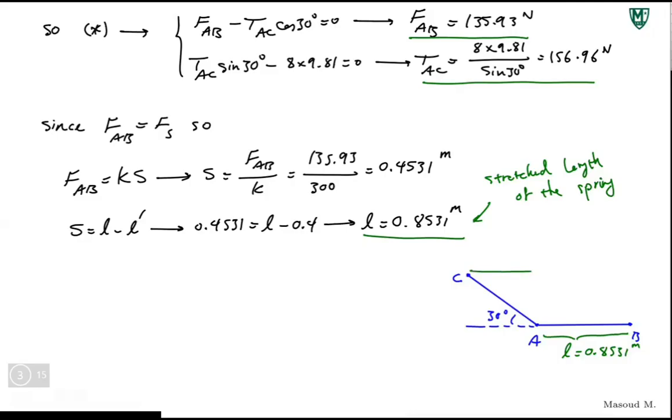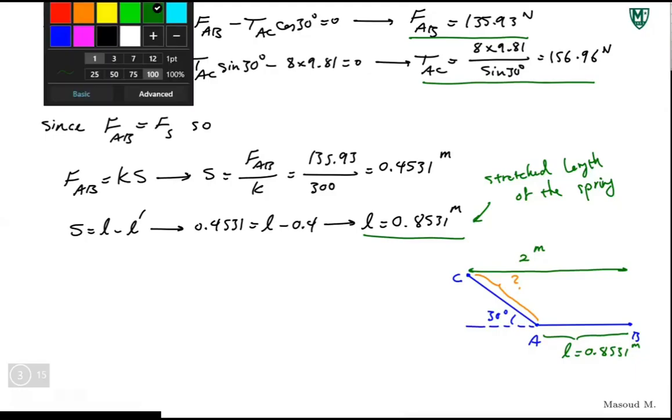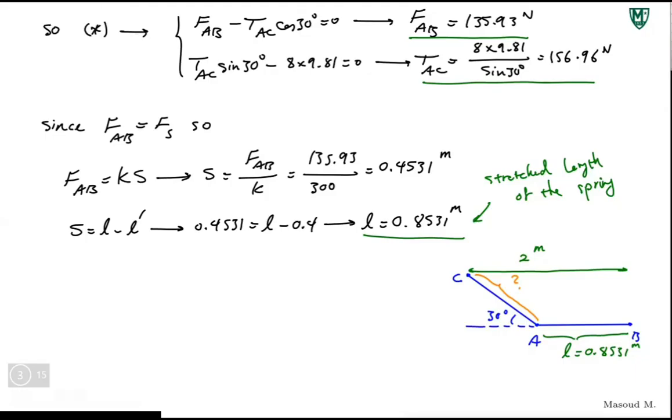I also know that this is 2 meters. I'm looking for this length. This is what the problem asked me to find. So L is 0.8531. If I subtract it from 2, this length becomes 2 minus 0.8531. This will give you the value of 1.1469.